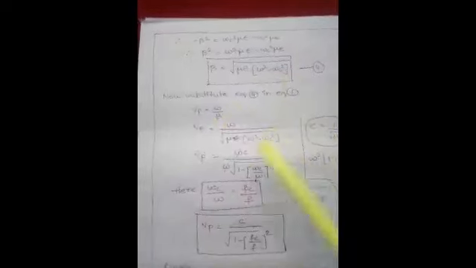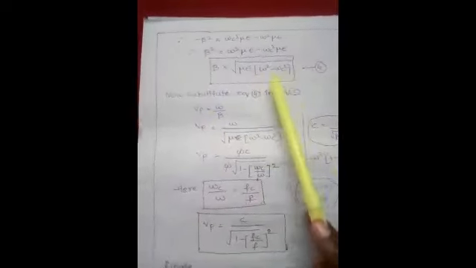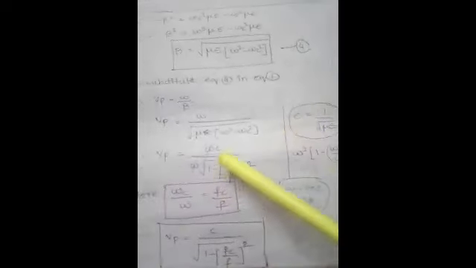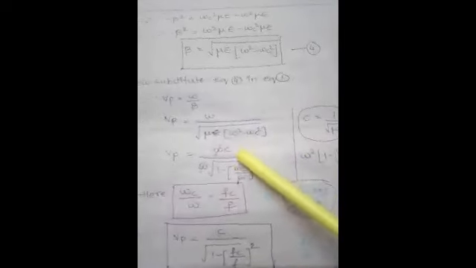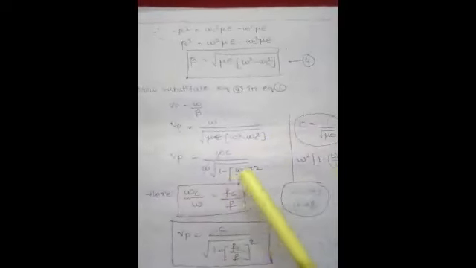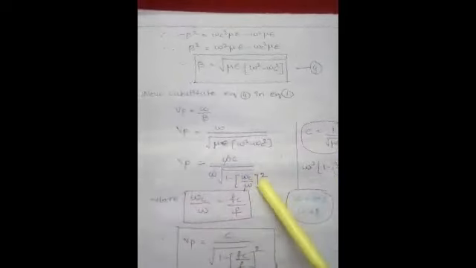And then when we represent beta from equation 4, we took omega square as common. When we took omega square as common, it becomes 1 minus omega c by omega whole square. And when this omega square came out of the root, it became omega. As we all know that 1 by root mu epsilon equals c, we represent this as c itself in the numerator, and this omega and omega get cancelled and it becomes c by root over 1 minus omega c by omega whole square.